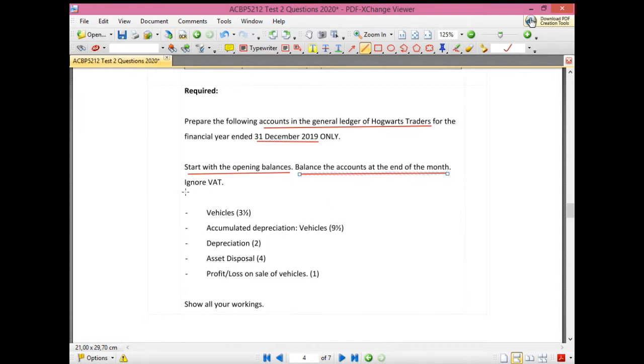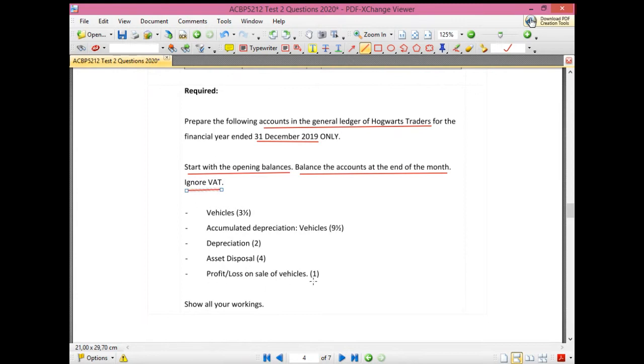What you also had to see is that you can ignore that. They made it quite easy for you by asking you just the basics of how to do the asset disposal. They're not testing your knowledge on that, which was first semester. The accounts they've asked you to disclose are vehicles, accumulated depreciation on vehicles, depreciation, asset disposal, and profit and loss on sale of vehicles.